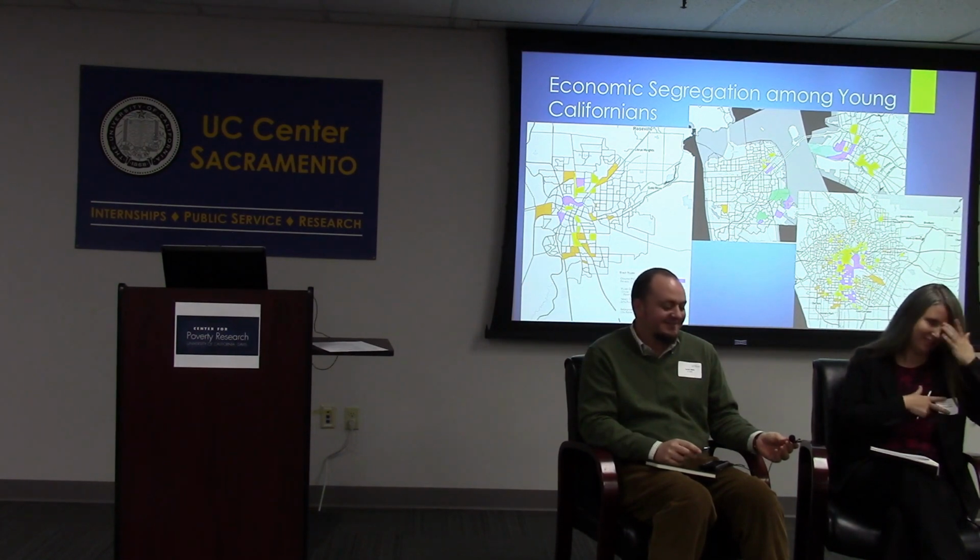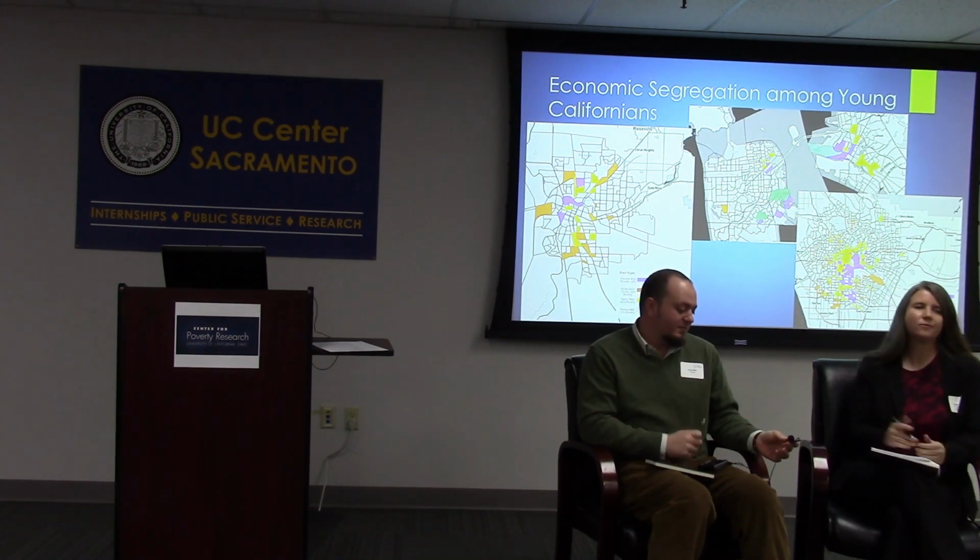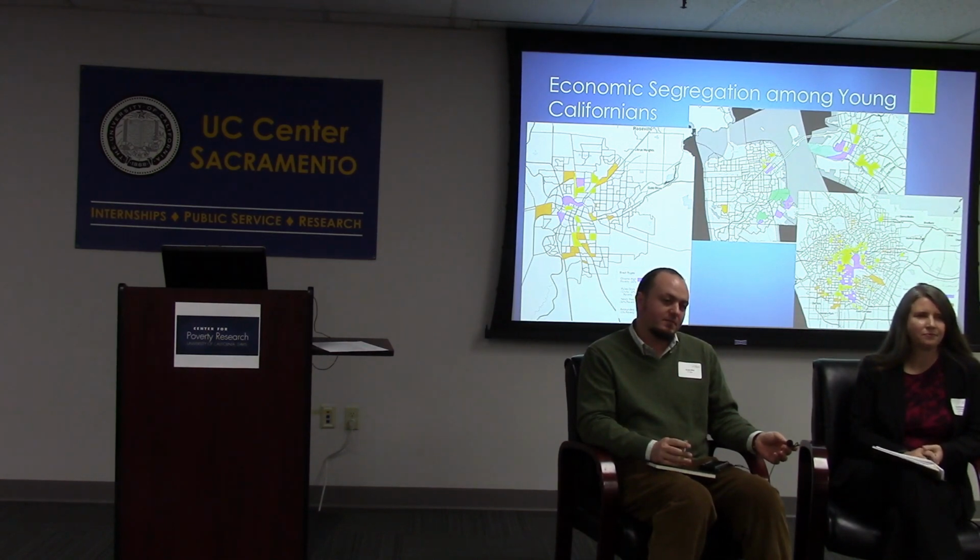You've got one back there. I was wondering if there's been any research, or if you're familiar with any research, on dissolving school districts, so combining wealthier school districts with low-income school districts, and if that's changed the way resources have been distributed among the student population.